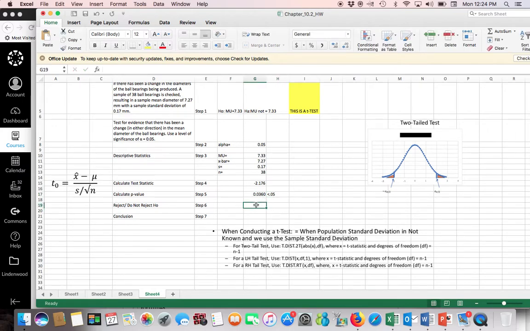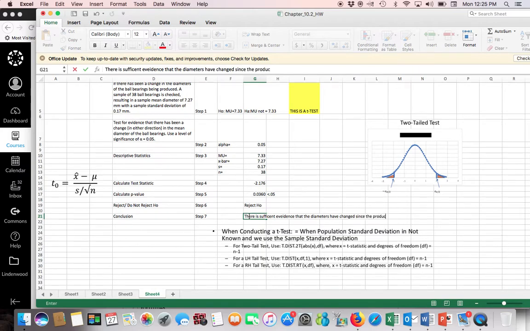That means we would reject the null hypothesis, reject H0, stating there is sufficient evidence that the diameters have changed since the production line process changes.